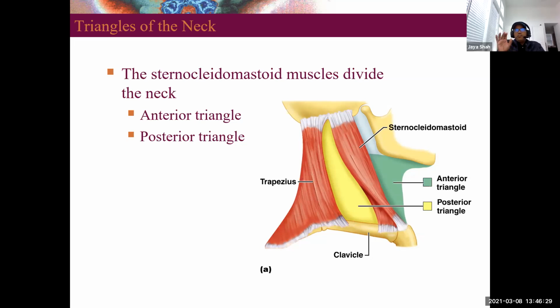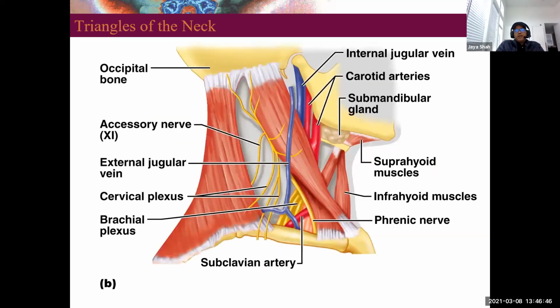Because this is important clinically. If somebody has cut, damage, or trauma to anterior or posterior triangle, you can find out which organs are damaged in this area and how life-threatening they are. So here you go. I am going to give you 1 minute, list the structure in the anterior triangle and structure in the posterior triangle.